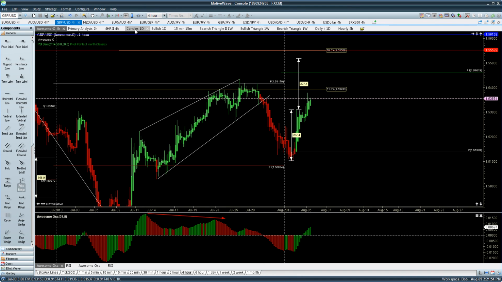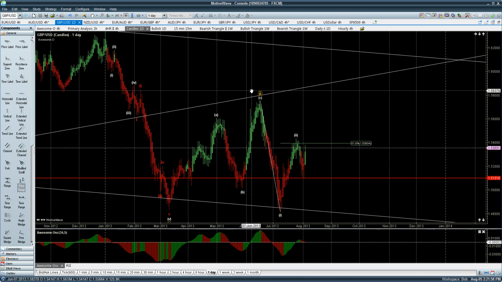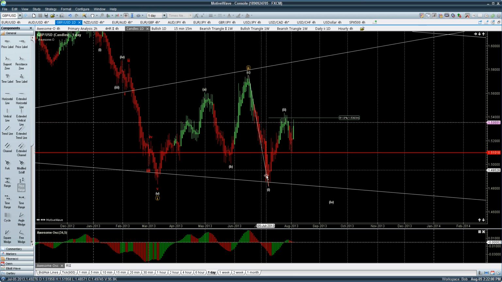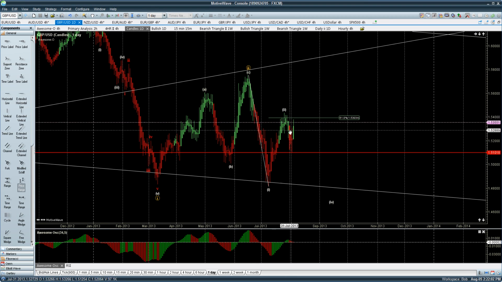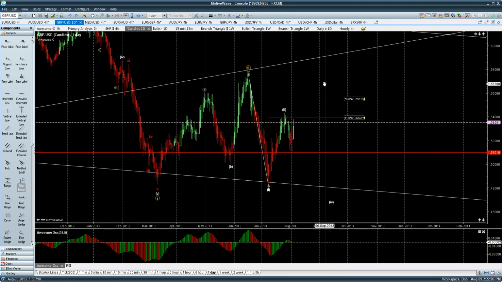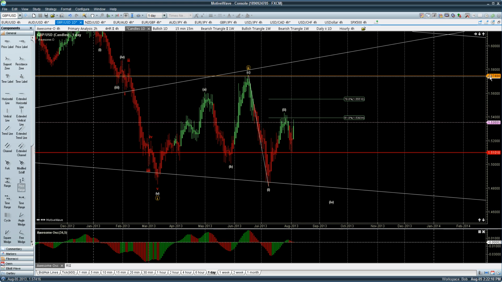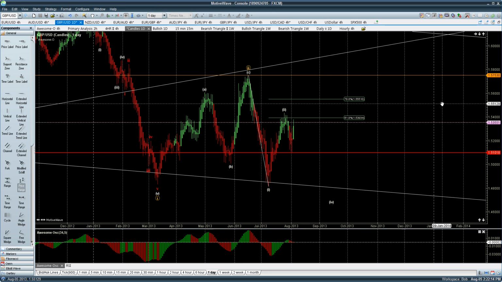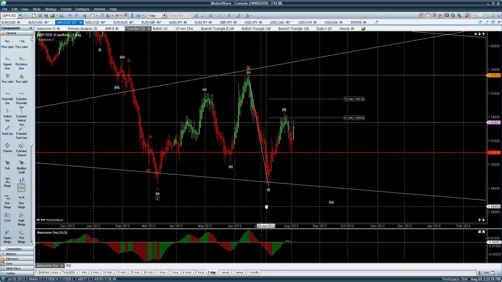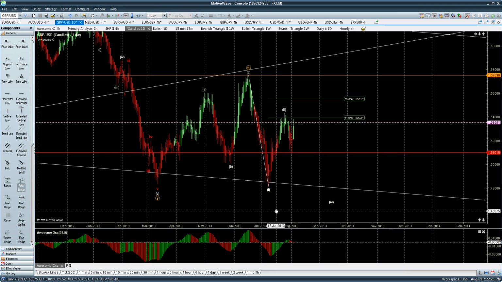Pound, as far as our daily count goes, we have the 1, A B C for 2, 1 2. This one, it can bounce, it can still go higher. Wave 2 can bounce all the way up to 57.53 before this wave 1 could be taken out or invalidated.